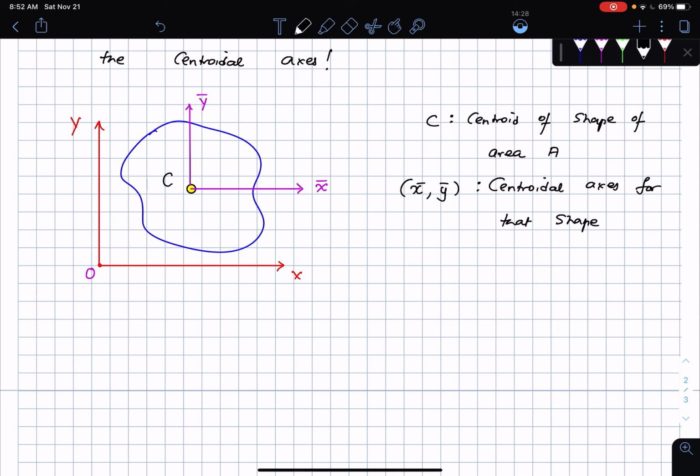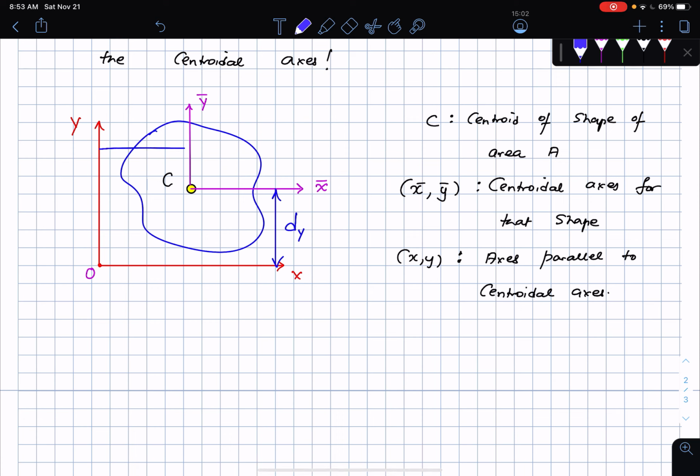X and Y, as you can see, are axes parallel to the centroidal axes. Now let's say that the distance between these two axes is a distance d suffix y, and the distance between these two axes, the x-axis here and there, is a distance d suffix x.